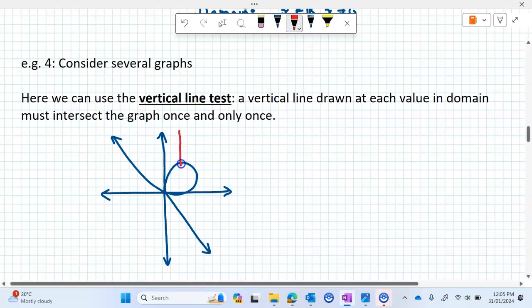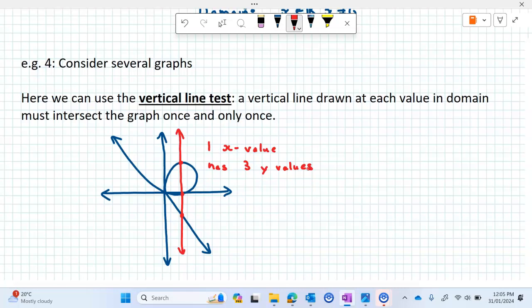So if I draw a vertical line here, we can see that that doesn't happen. It intersects the graph here, here, and here. So the one x value has 3 y values, or range values, or outputs, or images. So this is not a function, because the one x value has 3 y values.